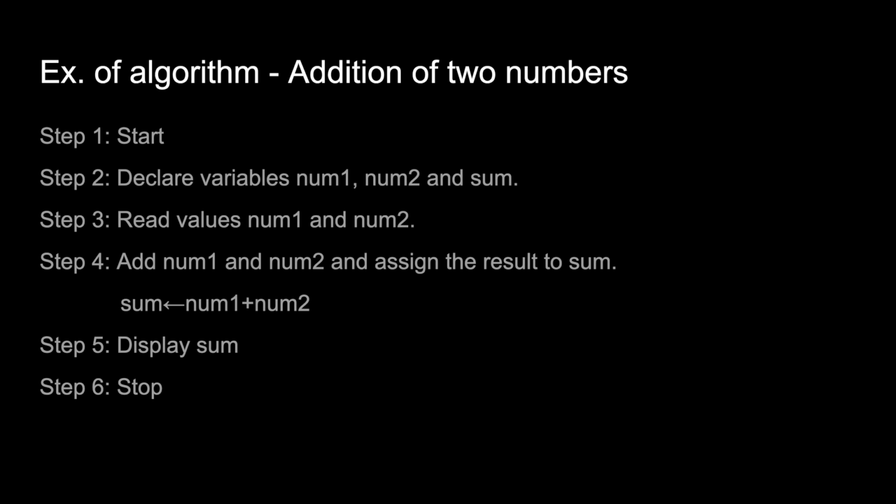In step 3, we read the values given to the num1 and num2 variables, and after reading that, in step 4 we apply the addition operation and assign num1 plus num2 to sum. Then in step 5 we display that sum and our algorithm stops. So this is an example of an algorithm for addition of two numbers.